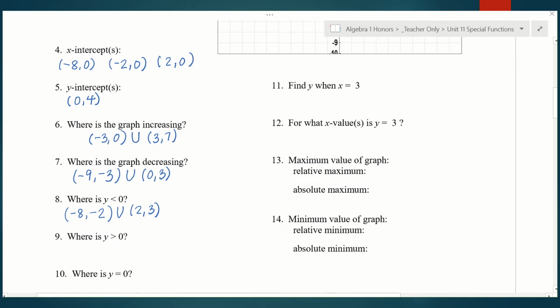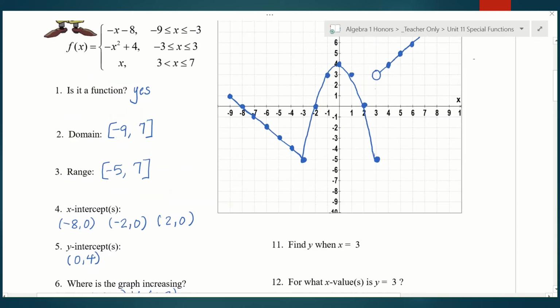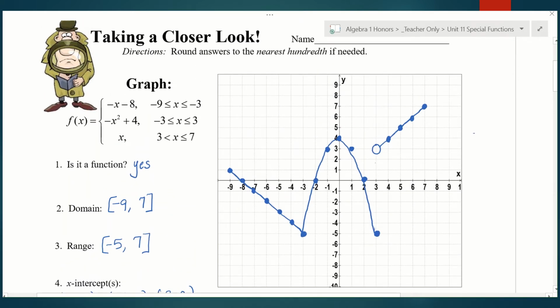Okay, just the opposite. Where is y greater than 0? So now I'm going to ignore the third and fourth quadrants, and I'm only caring about what shows up in the first and second. So the first interval that I have y being positive here is when x is between -9 and -8. Now, this is interesting.